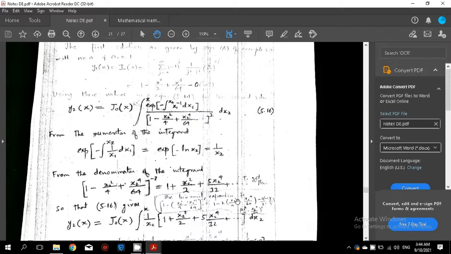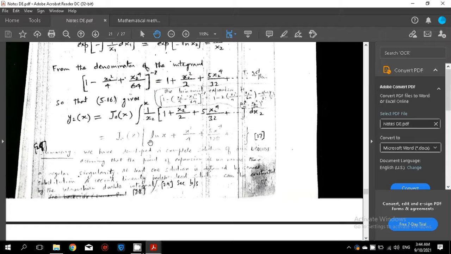In the denominator we had y1(x2) whole square, and this is J0(x2). So this is the series. I have written the series instead of J0(x2), and then you can follow these steps over here, which you may not find in the book. So follow these steps and you will get the second solution of Bessel's differential equation.